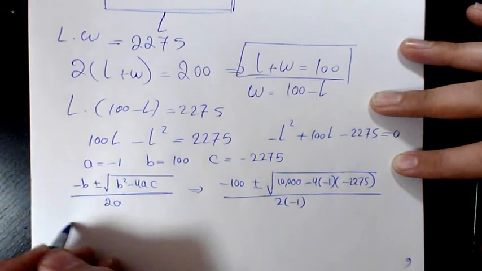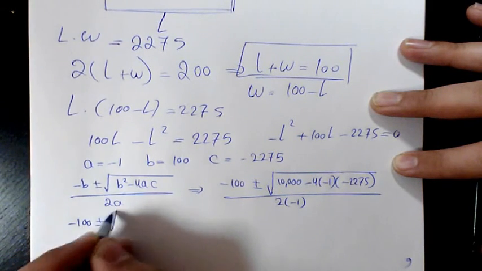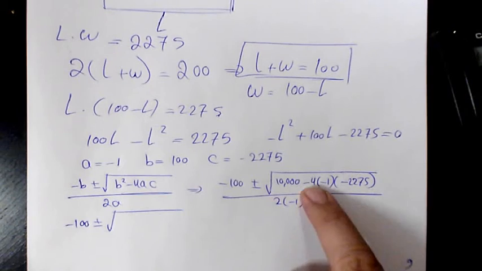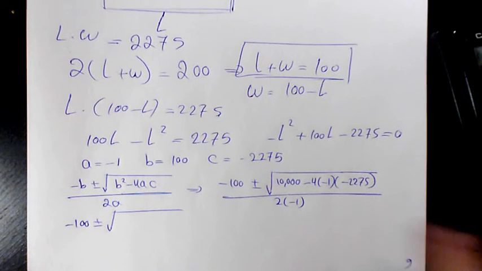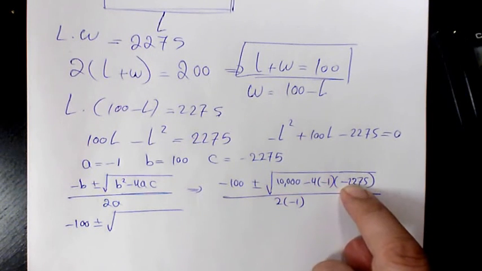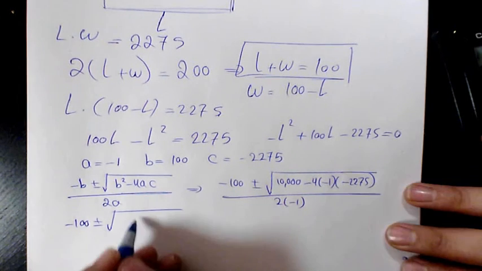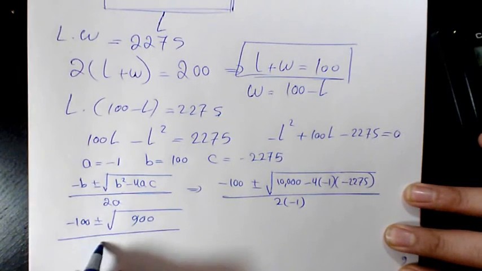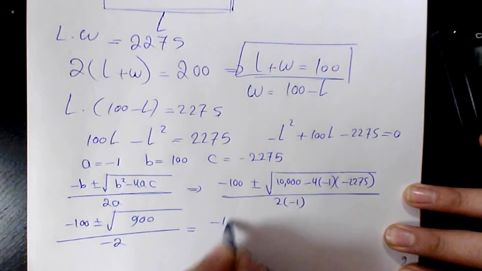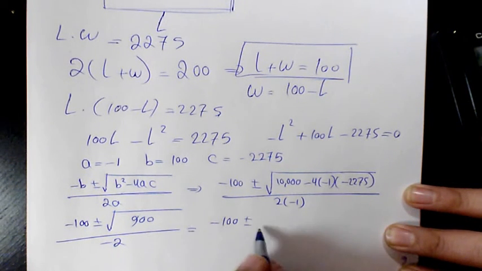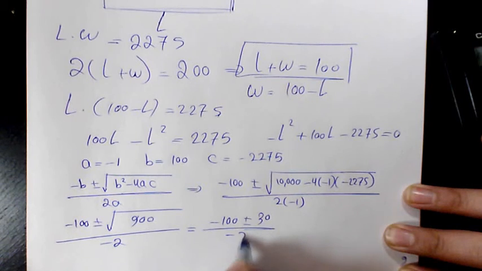So negative 100 plus or minus the square root of 10,000 minus 4 times 2275, which is 9100. That's going to make it 900, divided by negative 2. So negative 100 plus or minus the square root of 900, which is 30, divided by negative 2.